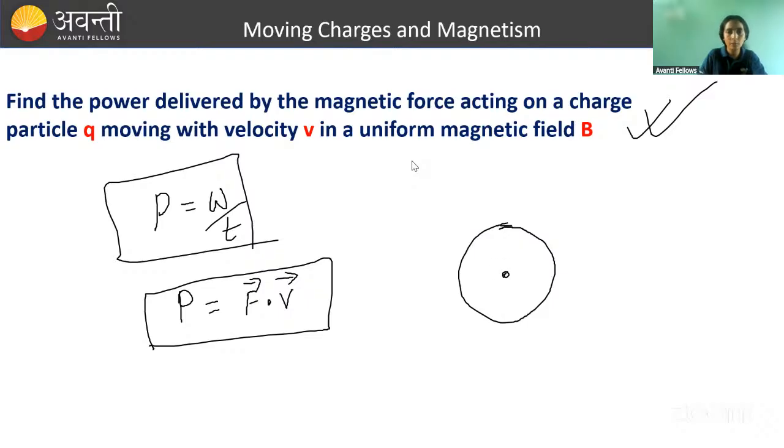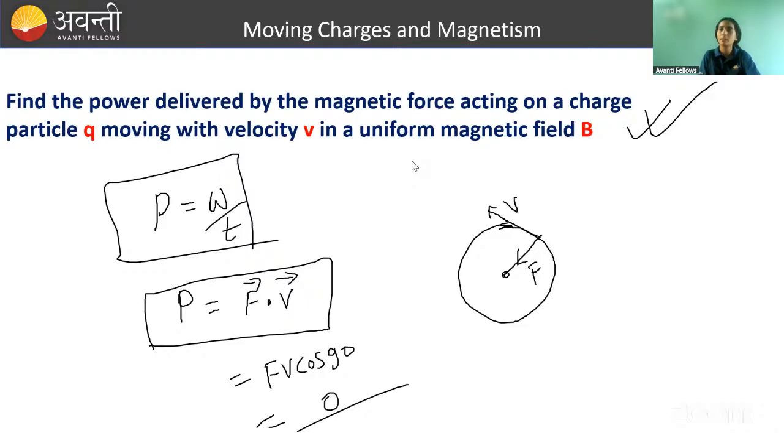And in this circular path, force acting is always perpendicular to velocity. So force is perpendicular to velocity. F dot V क्या होगा? FV cos 90, and that is zero. So no power is getting delivered, and that is why this magnetic force is not able to change the velocity.